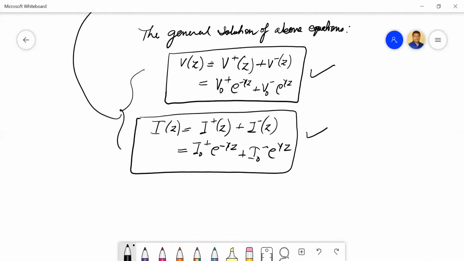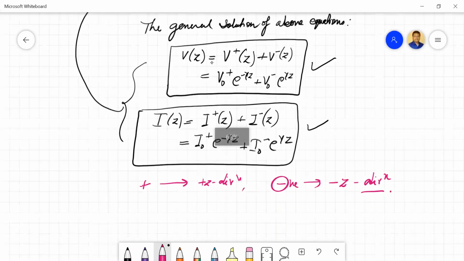Here the plus stands for the wave traveling in the positive z direction, whereas negative means the wave is traveling in the minus z direction.